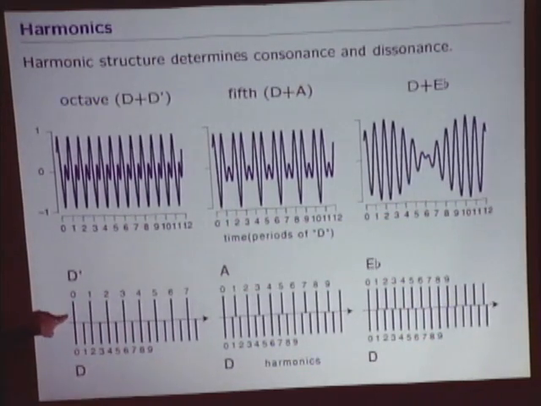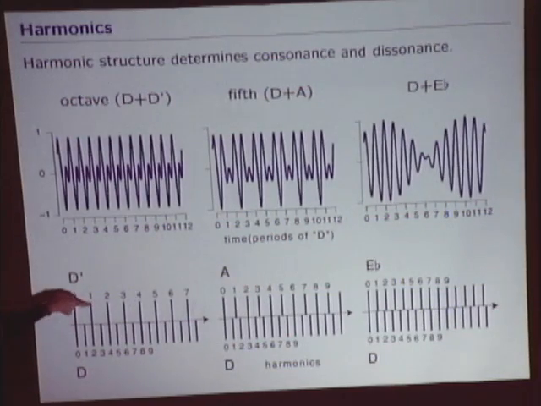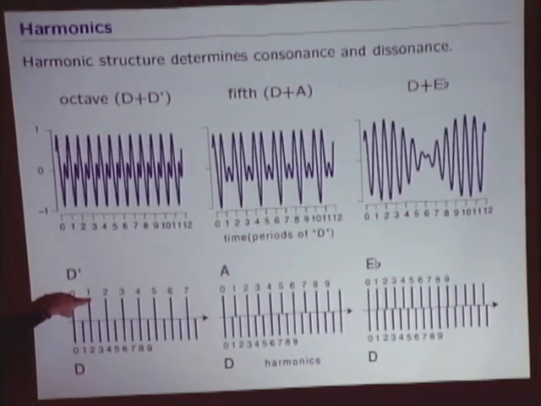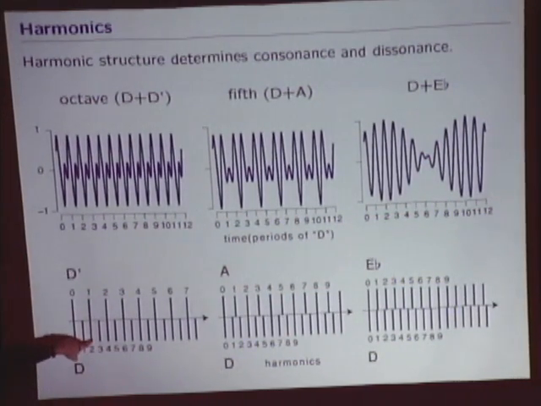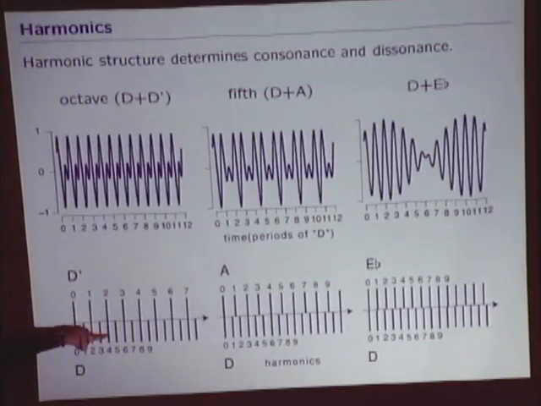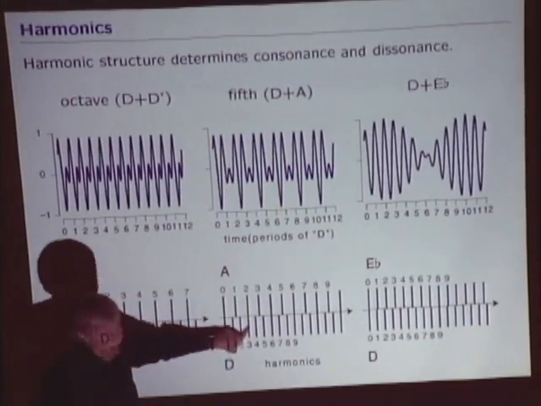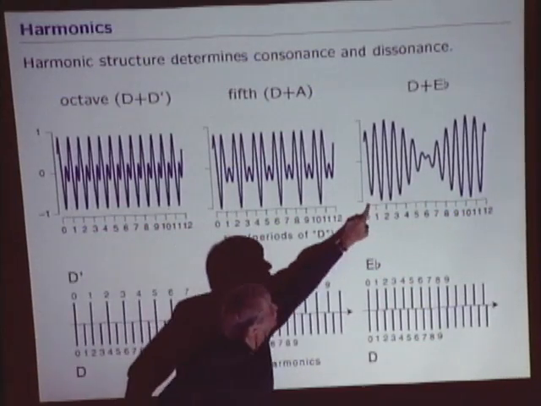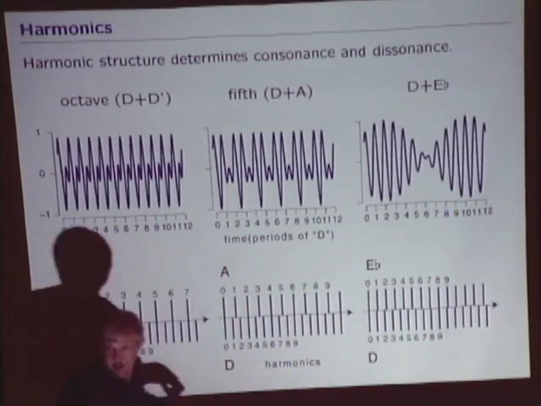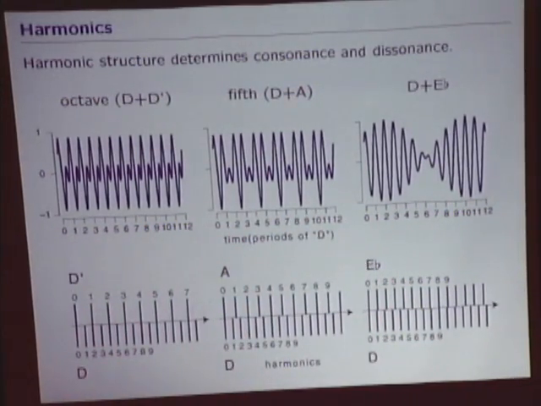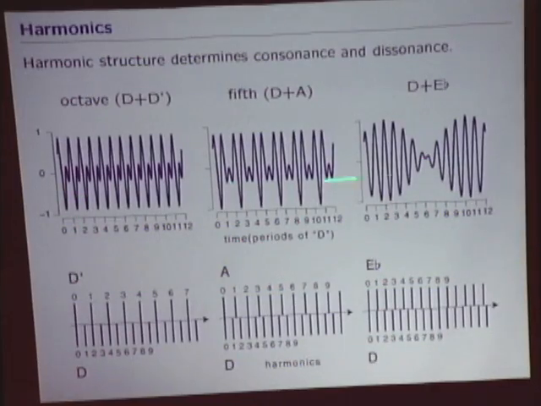Okay, so an octave above means that the first harmonic, the fundamental of this guy, corresponds to the second harmonic of this guy, the second to the fourth, etc. There's some relationship for the fifths illustrated here, and there's a different relationship here. So what I want you to do is hear the difference between those 6 sounds, and again, think about not only the time waveform, but also how their harmonics relate.